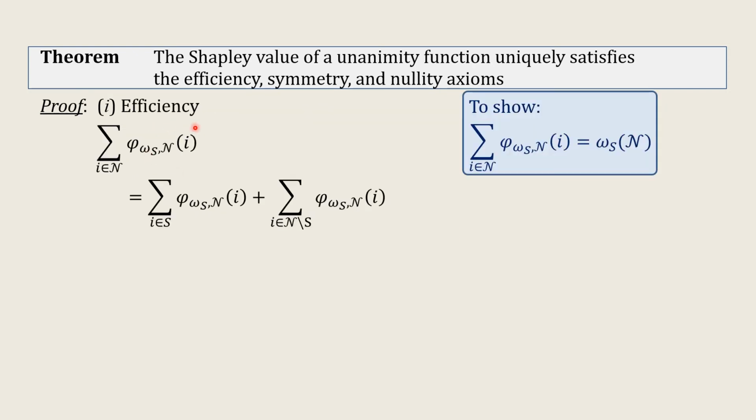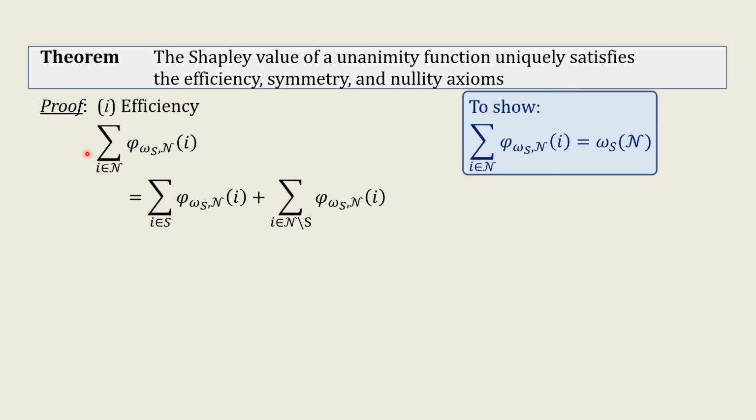To establish efficiency, we have to show that the summation over all agents in N of psi I must be equal to the value of the grand coalition N, where the value is the unanimity function. And that's defined in terms of a subset S of the grand coalition. So I look at the left-hand side here.